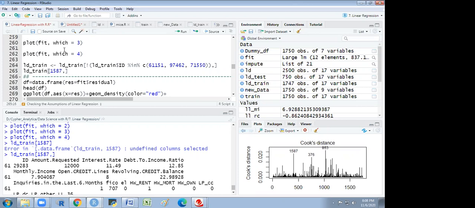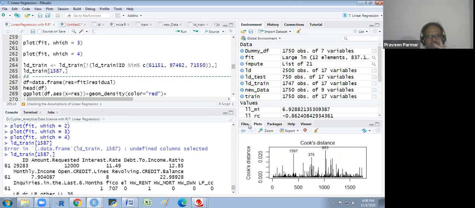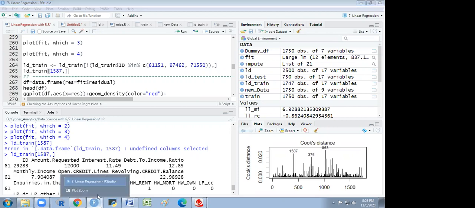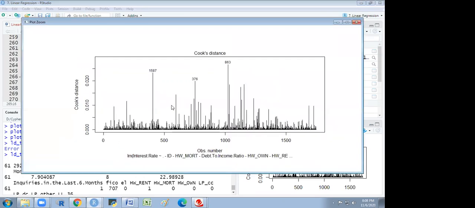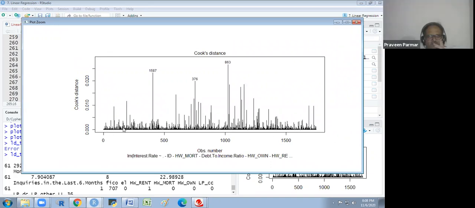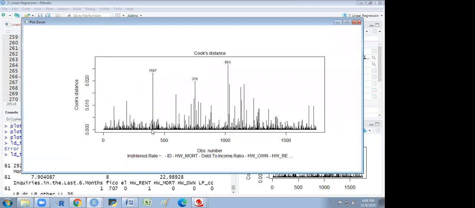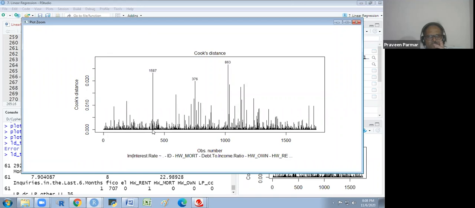So can we identify based on that? Can you zoom this graph, Cook's distance? So these are the observation numbers, right? Yes. On the x-axis we have, so it is near to 400 something. Yeah, that I am also guessing.